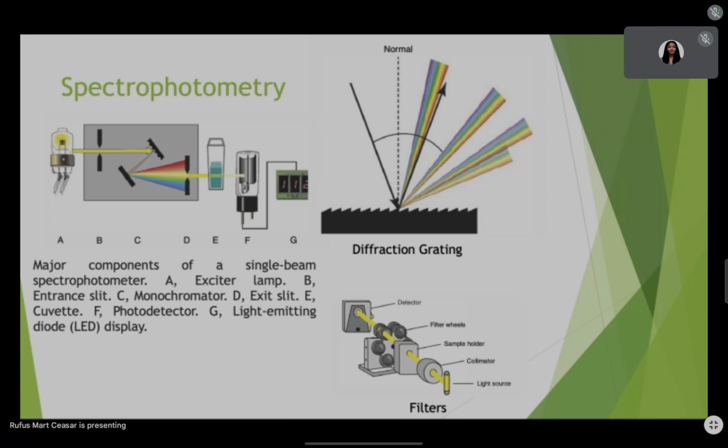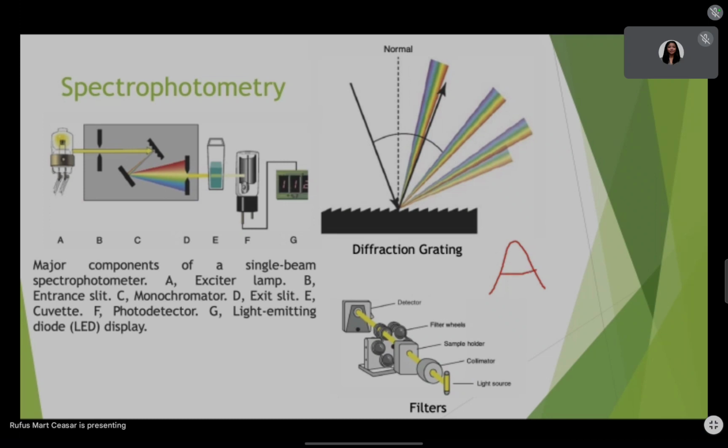Wait lang. Ganito yun. Kunwari, ganyan yung peak. Ito yung peak transmittance.